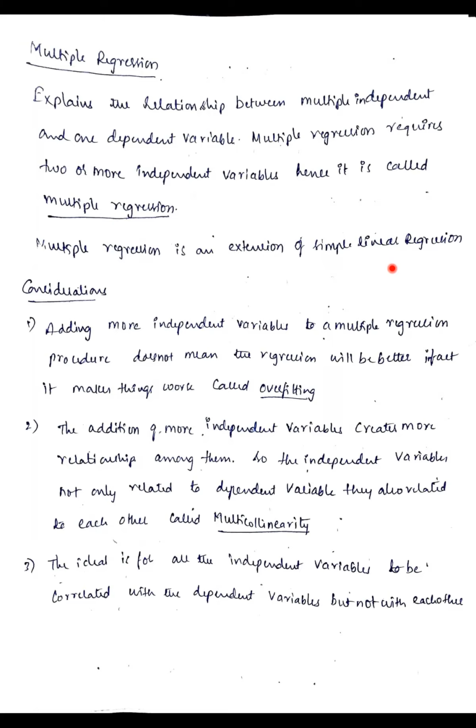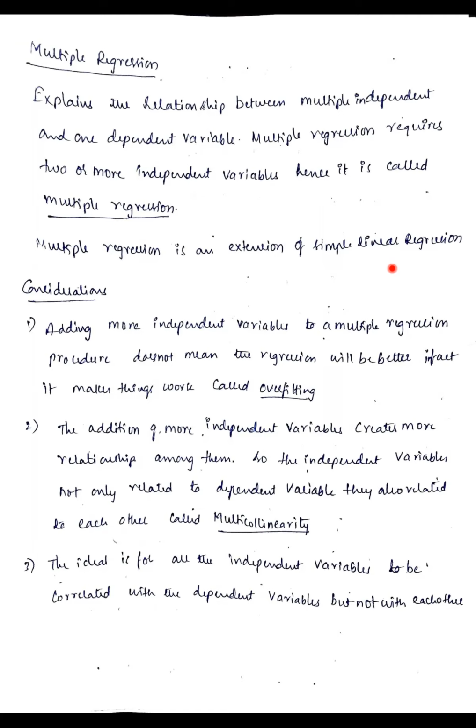Clear? See, multiple regression requires two or more independent variables, hence it is called multiple regression. And this is an extension of simple linear regression. There are some considerations for multiple regression that you have to know.